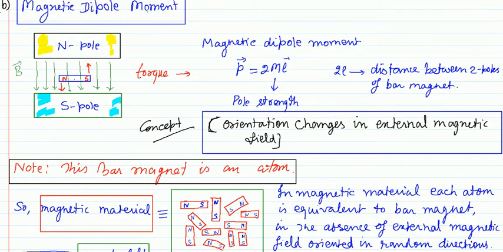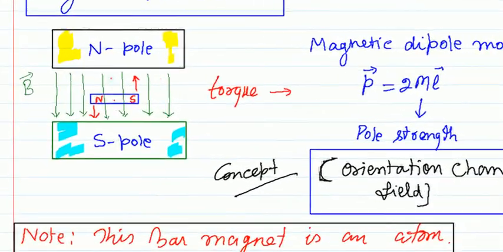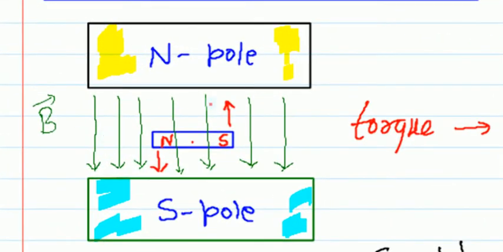Now the second point is about magnetic dipole moment. As you know, if you keep a bar magnet in a uniform magnetic field, you can see here a uniform magnetic field. Magnetic field lines start from the north pole and end at the south pole.